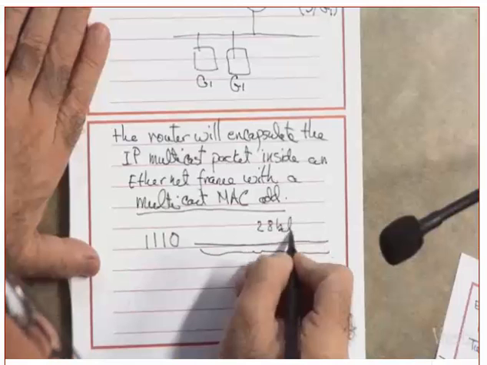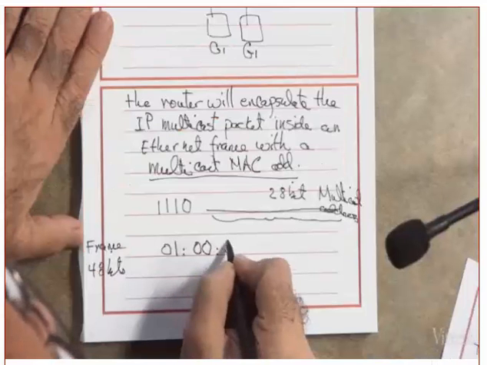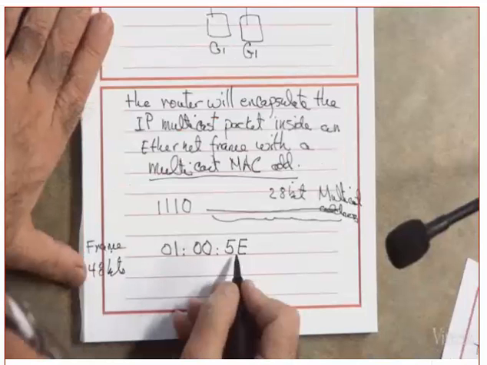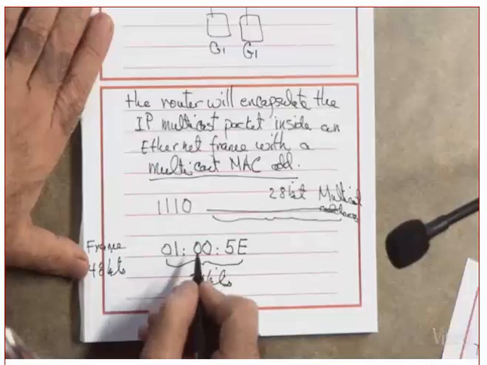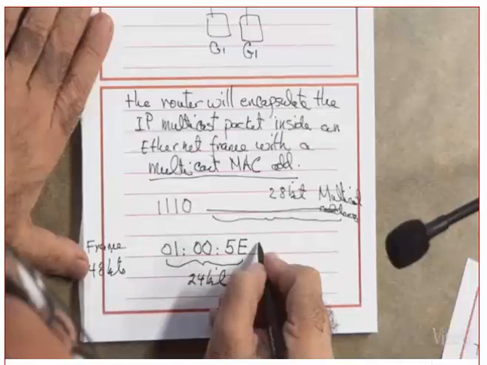Clear? So once the network interface card recognizes this address, it accepts the frame. Now, this implies that there are 2 to the 5 multicast group addresses mapped to the same multicast MAC address.